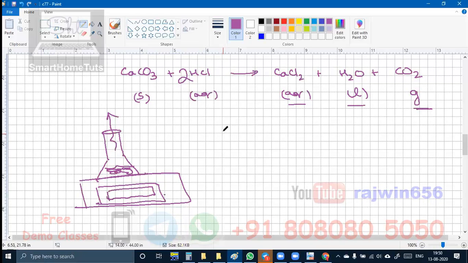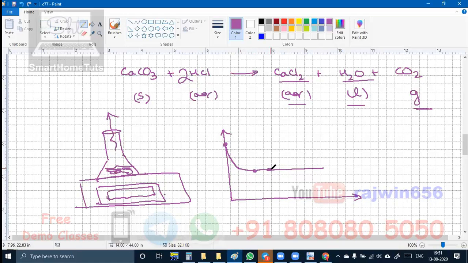So how is this graph going to look? This graph is going to look somewhat like this. In the beginning, the mass is going to be maximum. As the reaction is proceeding, initially the slope will be steeper. And then at this point, whatever the mass of CaCl2 and H2O is there is going to become fixed.